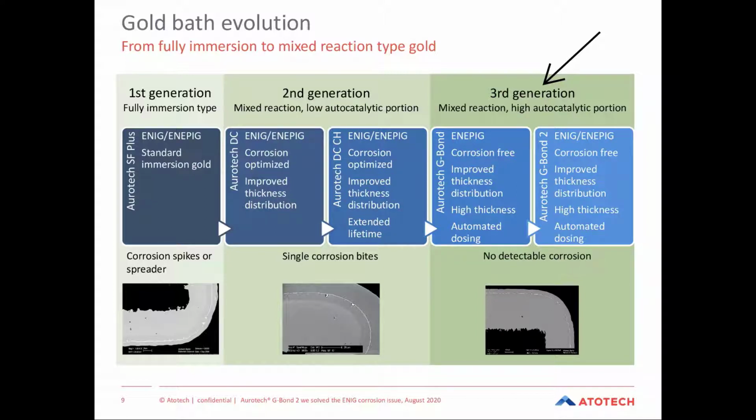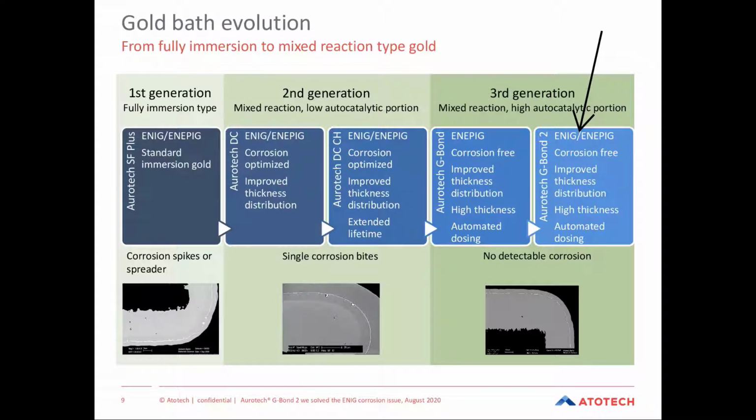Based on this Aurotech G-Bond that we have in the market and which is already in production, we have now developed the Aurotech G-Bond 2, the one I want to talk about today. The major difference is that this base is now applicable for both ENIG and ENEPIG, but comes with the same benefits that we already have for the Aurotech G-Bond. It can deposit corrosion-free, so that we do not see any corrosion in the cross-sections.